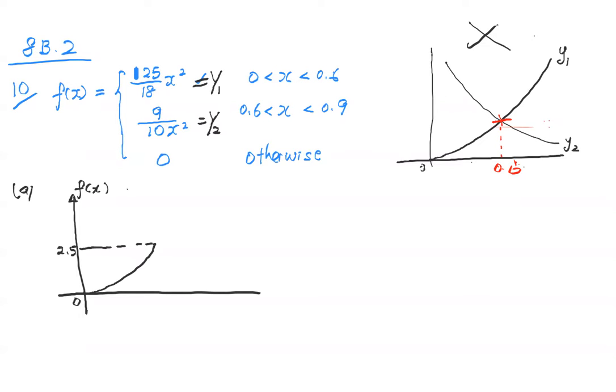And here is 0.6. Because this graph, y1, has to stop at 0.6 here. After 0.6, you have to use the y2. So you sketch the y2, and you have to stop at 0.9.